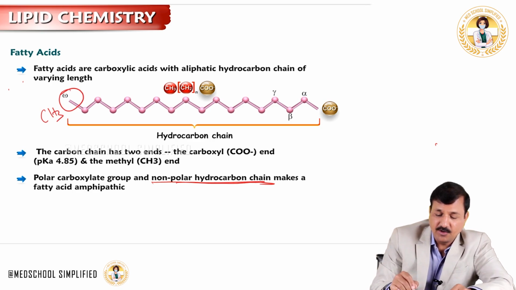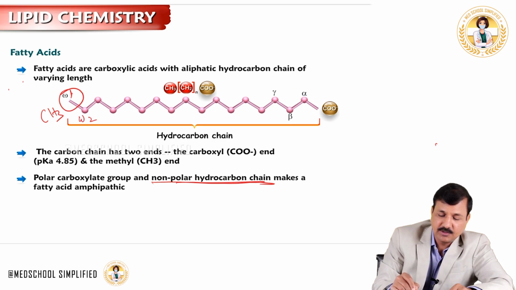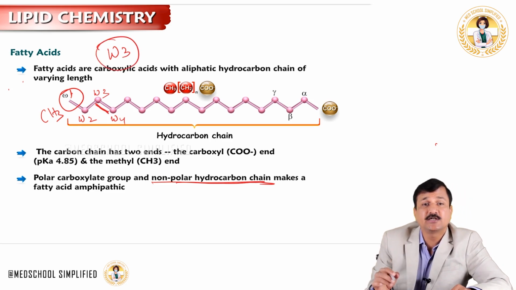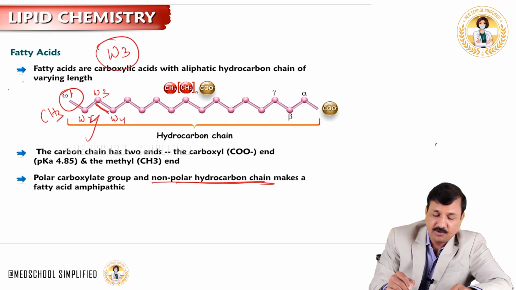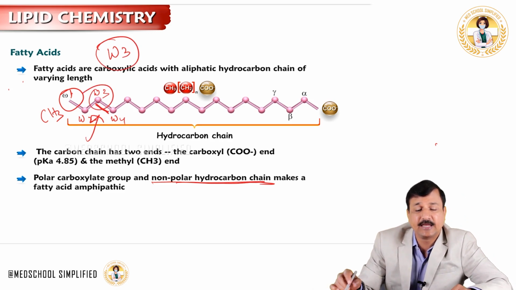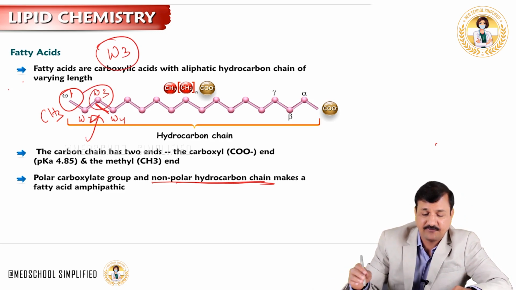If we consider the double bond in relation to this omega carbon, say this is omega 1, then omega 2, then omega 3, like that. If there is a double bond between omega 3 and omega 4, we call that an omega 3 family of fatty acid, because in relation to the omega carbon, the very first double bond is present at omega 3. That's what an omega 3 family of fatty acid is.